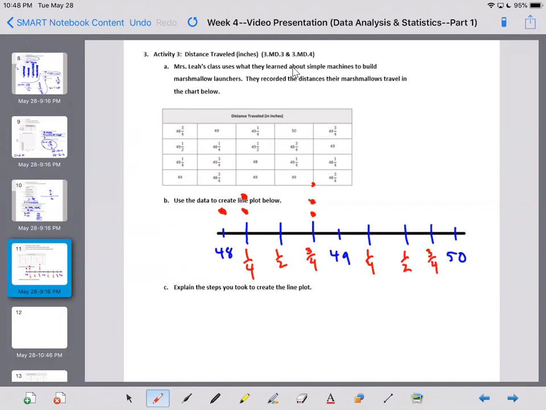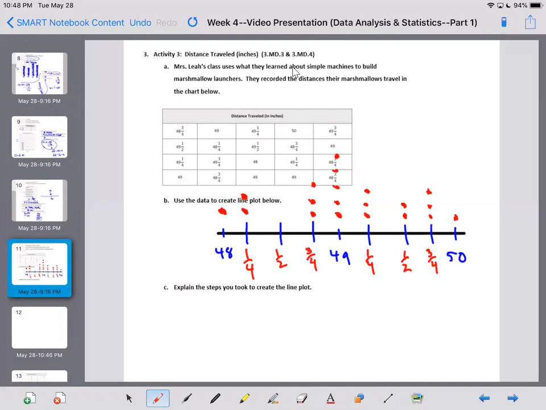And you try to line these up as best you can. 49, there was 5 of them. And 49 1/4, there was 3 of them. 49 1/2, there was 2 of them. 49 3/4, there was 3 of them. And 50, there was 1 of them.